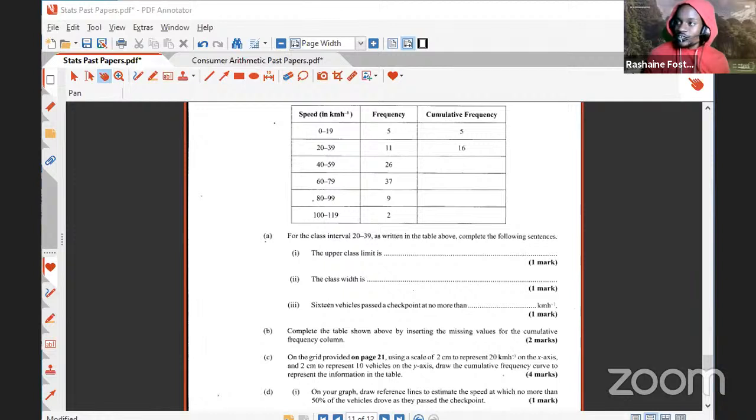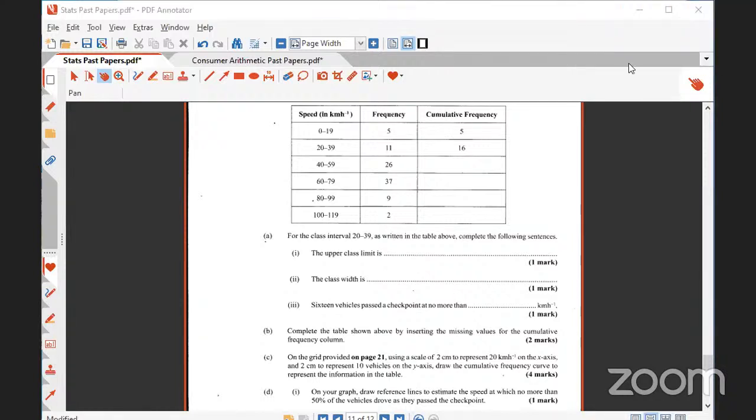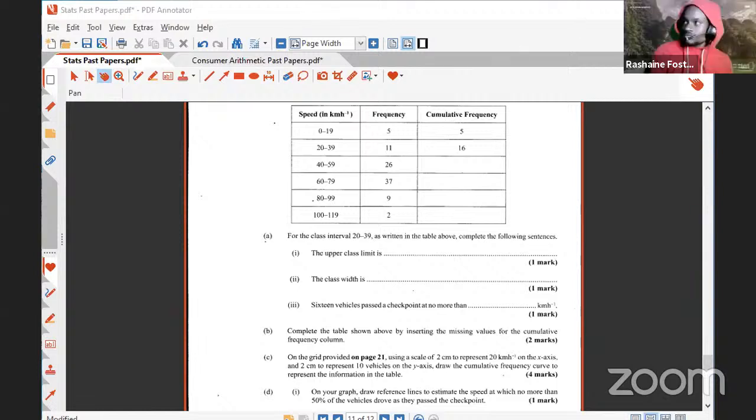For 20 to 39, can someone tell me what you would write for your upper class limit? In my chat, I saw someone write 39. All right, 39, the upper class limit.